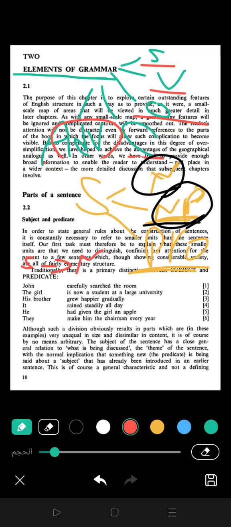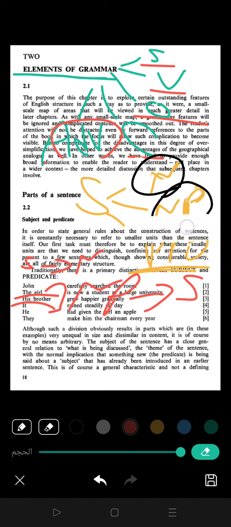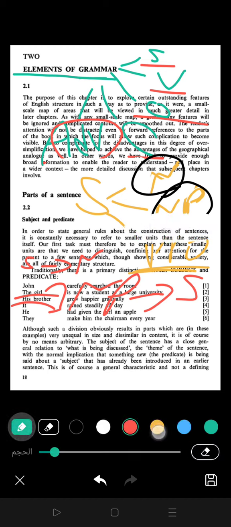The girl and his brother both function as noun phrases but come as subject. That is the second form, in which the subject comes as a noun phrase.